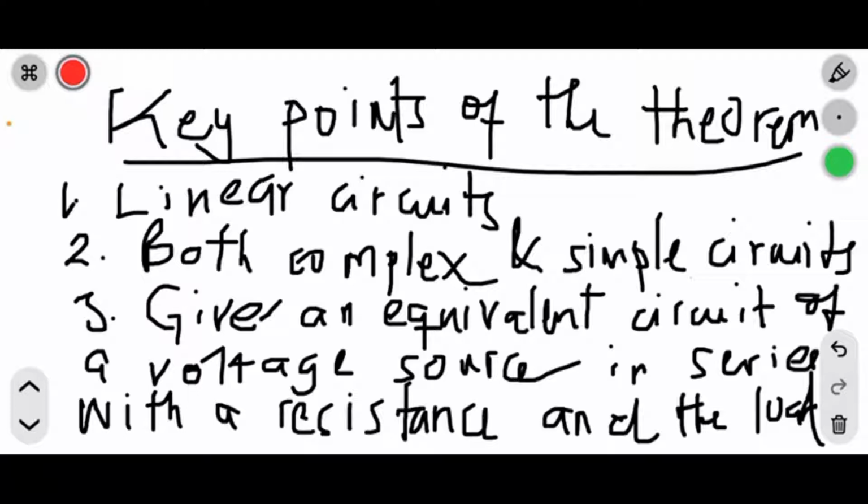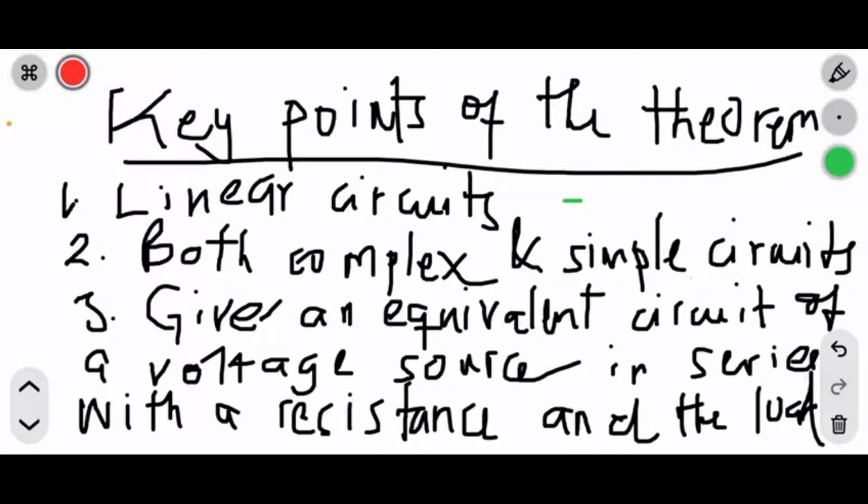One, it works only with linear circuits. Linear circuits, I mean circuits where voltage is directly proportional to current that follow Ohm's law. You understand? And two, it works for both complex and simple circuits. See, sometimes you have circuits with a lot of sources, a lot of parts, parallel, delta, star, and all that.